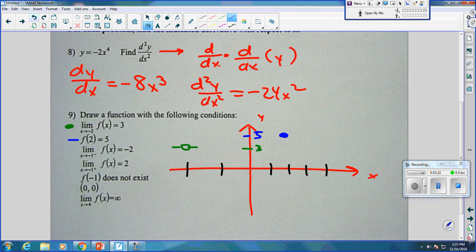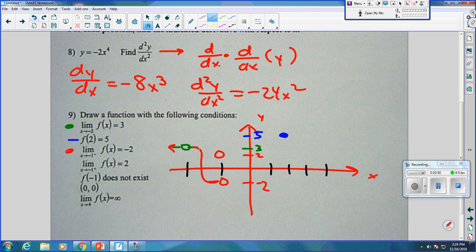Limit as you approach -1 from the left side is -2. So down here, we'll do this in red. -2 means this. And these two are going to have to connect, right? All right, and then it says limit as we approach 1 is 2. And I don't think that's straight.